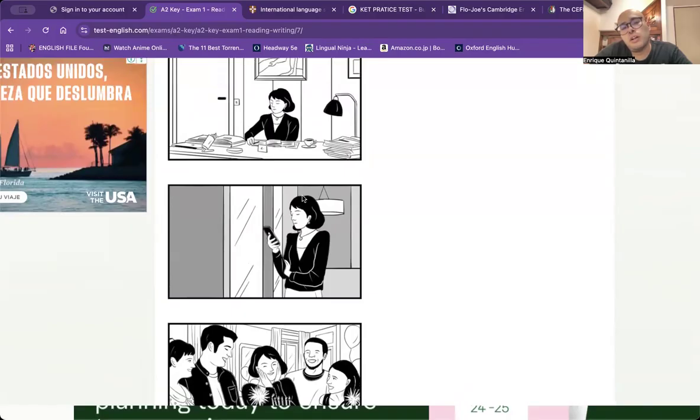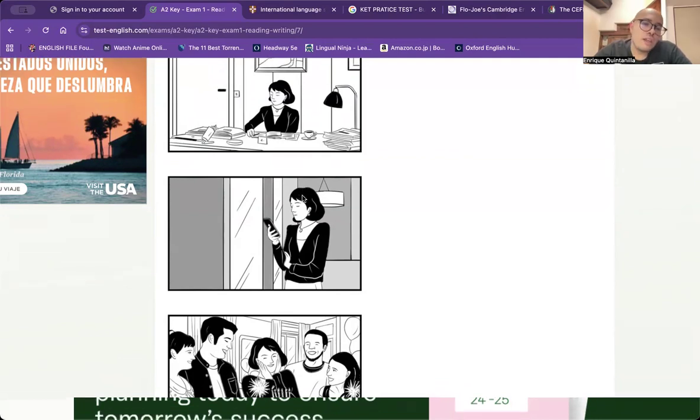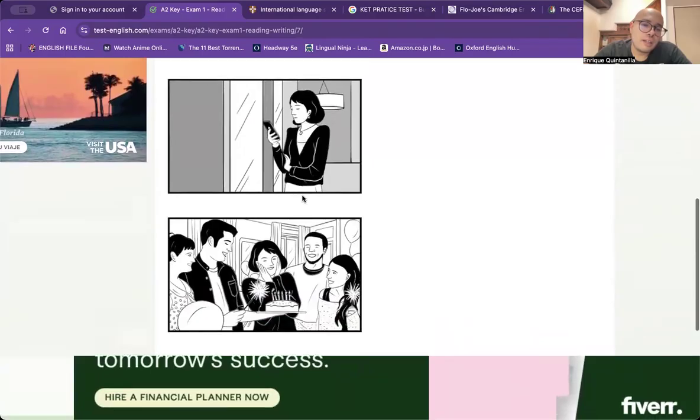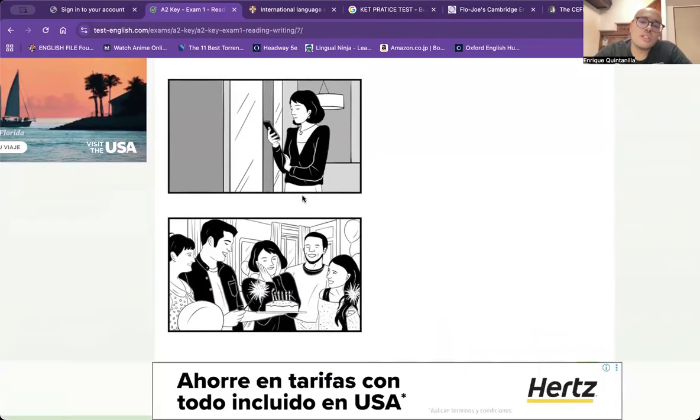She felt sad and alone because no one was in the office. When she came back, her co-workers appeared out of nowhere, and it was her birthday. So she was very surprised and very happy because her friends, her co-workers were celebrating her birthday with a cake and they sang a song, etc.